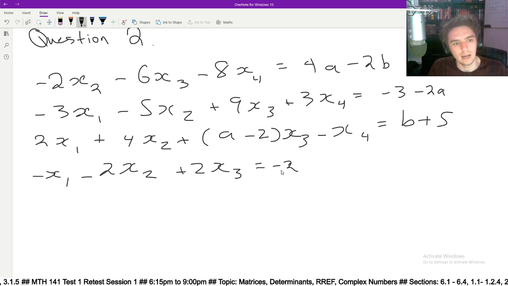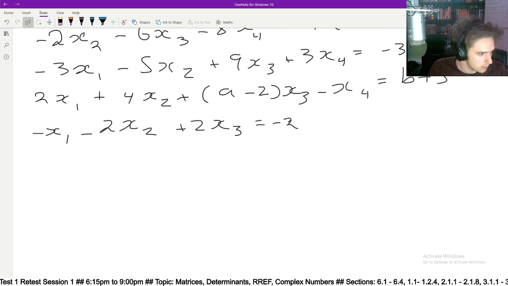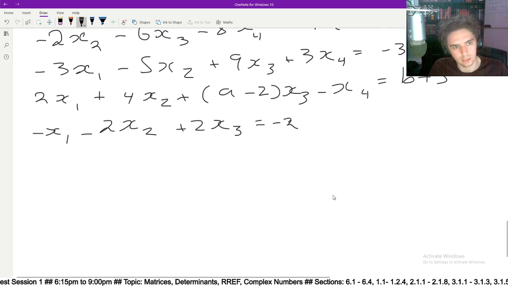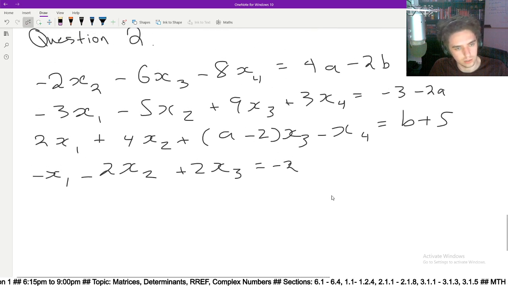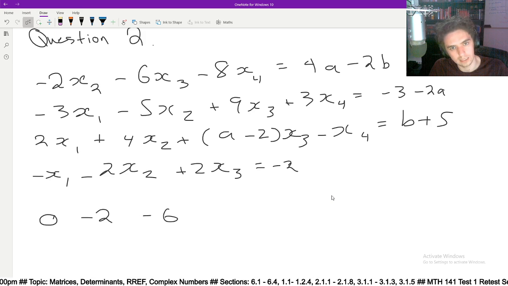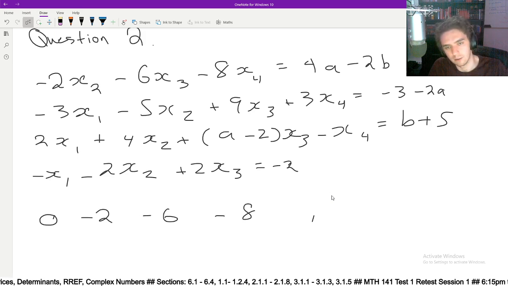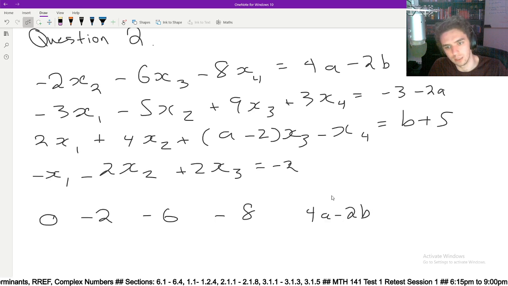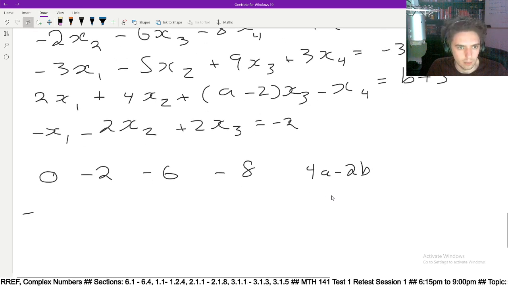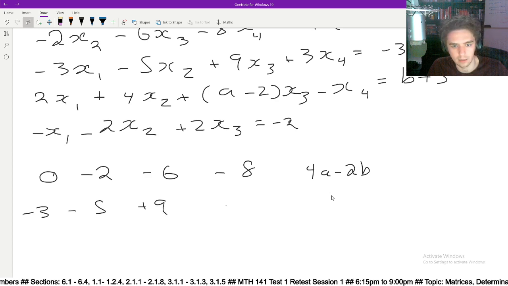Yeah, how I did it on the test, and I ended up with a weird answer, but I'm pretty sure this is the way to do it. First of all, turn this into a matrix, right? So the matrix would be 0, minus 2, minus 6, minus 8, and then 4a minus 2b. Next one would be minus 3, minus 5, plus 9, plus 3.